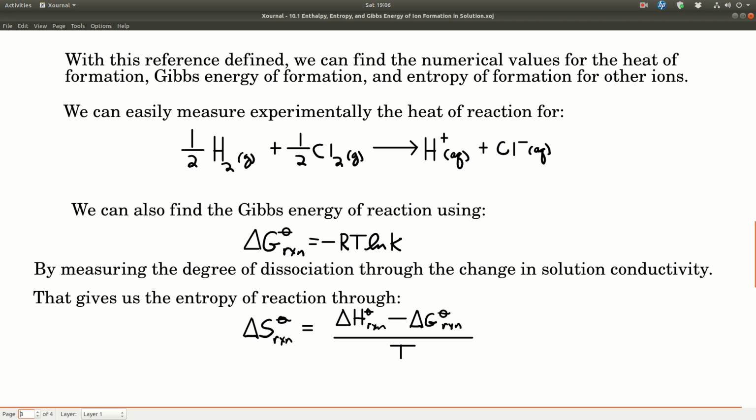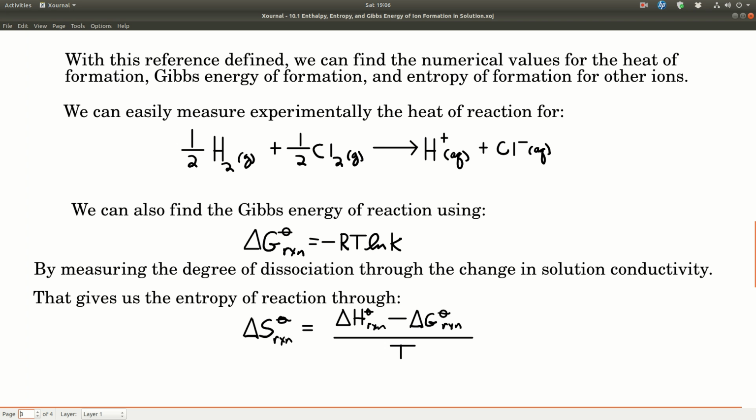It's a pretty cool experiment, but basically, you measure the conductivity as time changes, and you're able to determine the degree of dissociation. Knowing the degree of dissociation, we know the concentration of the species present in the solution, which gives us our equilibrium constant. Knowing that, we know delta G.